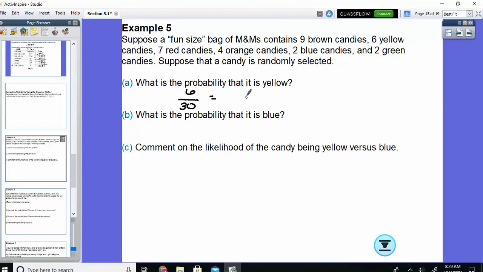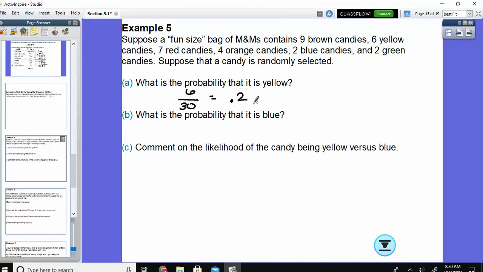You do 6 yellows out of the 30 total pieces, and you get your 0.2. Okay, the key to classical, every outcome is equally likely. When I pick a piece of candy out of that bag, am I more likely to pick up one than another? No, they all have an equal chance of being selected. That's what makes this classical.